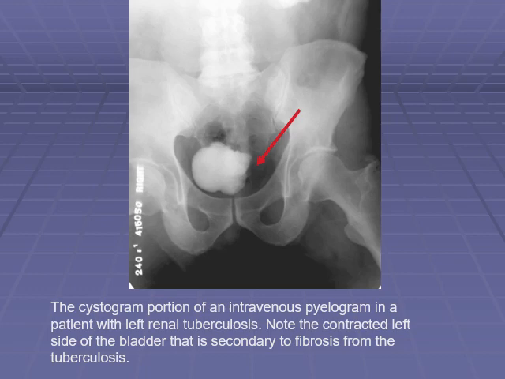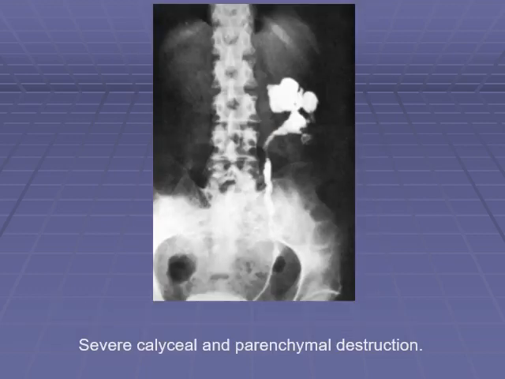Notice the contraction of the left side of the bladder, which is secondary to fibrosis in this area, as the arrows show. In this area, it is called lakes of dye, in a chronic pyelonephritic kidney, with destruction of the renal calyces and the parenchyma, and there is no definitive upper, middle or lower calyx. It is only lakes of dye, which is seen in severe calcification and parenchymal destruction by TB.